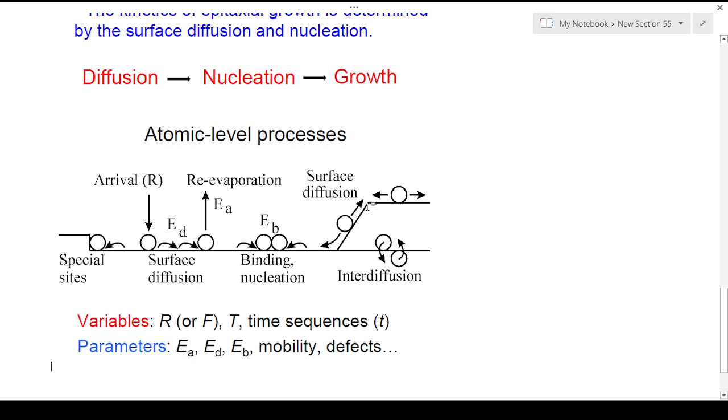As time progresses, the number of atoms arriving will also be increasing. Okay, and the energy of diffusion, the evaporation and the binding energy determine the different processes, and also the mobility of the particle that is coming to the surface.